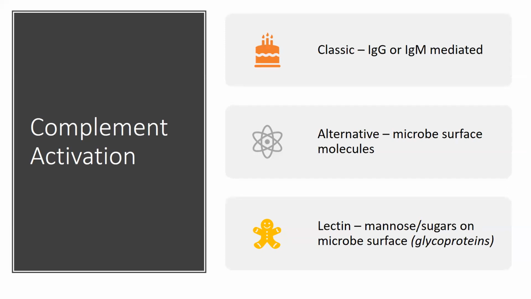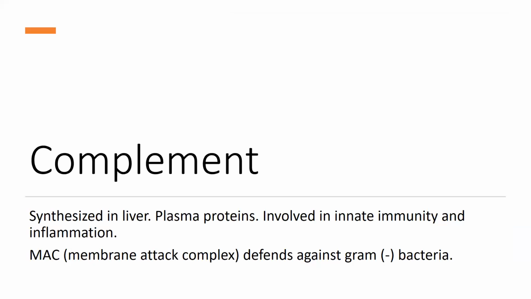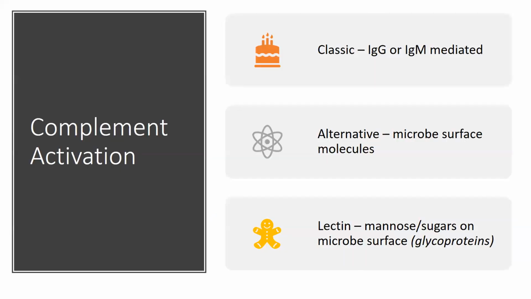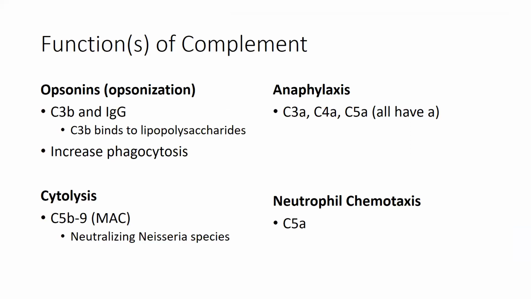They aren't specifically identifying the pathogen because remember, this is part of the innate immune system. But any of these three options can activate complement. Complement will be pro-inflammatory. And if it utilizes the MAC, the membrane attack complex, it can actually perforate a cell itself, much like a natural killer cell can. That's what I'd want you to really know about complement.